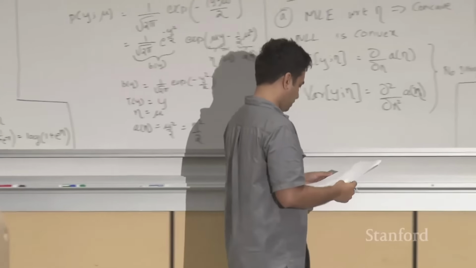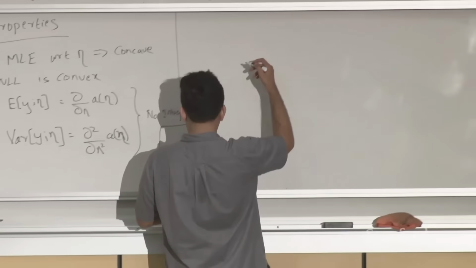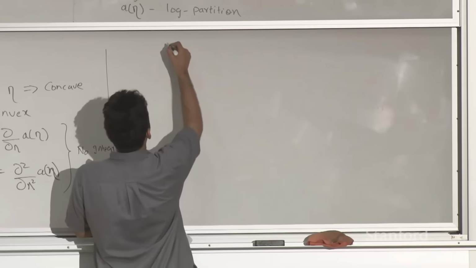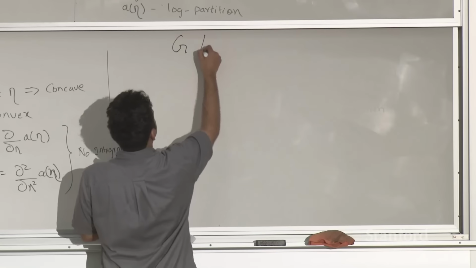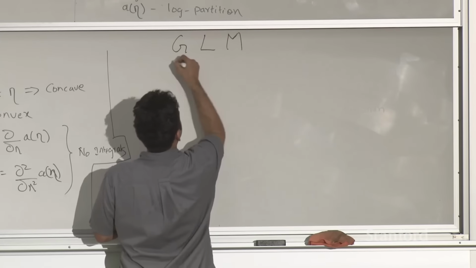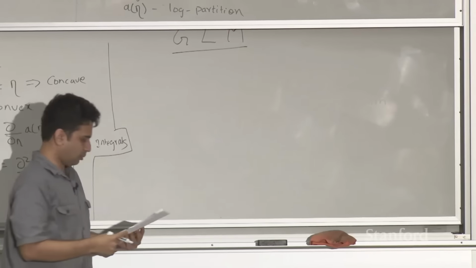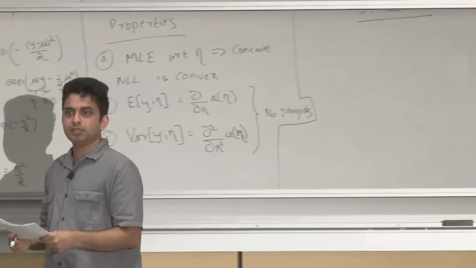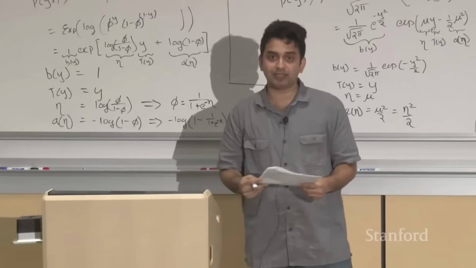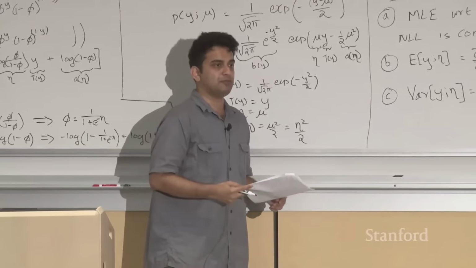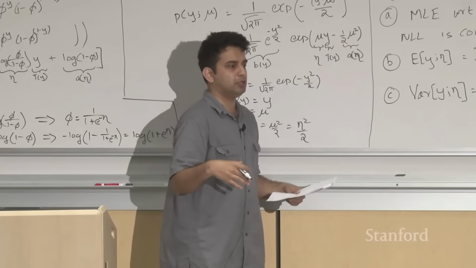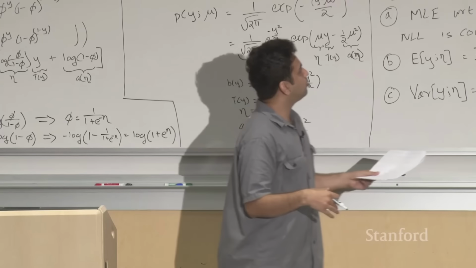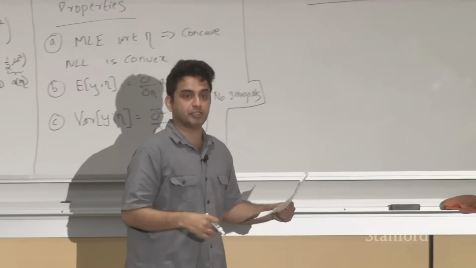All right, let's move on to GLMs. The GLM is somewhat like a natural extension of the exponential families to include covariates, or your input features, in some way.